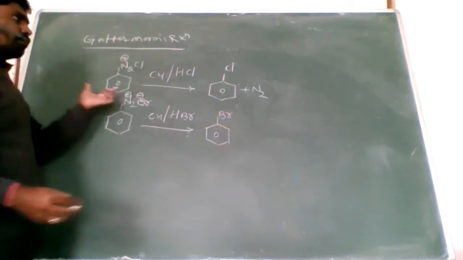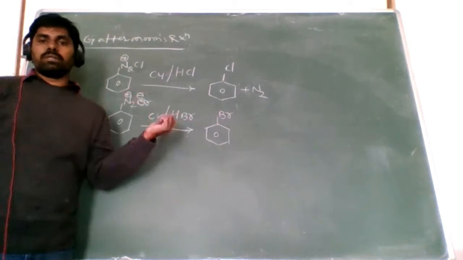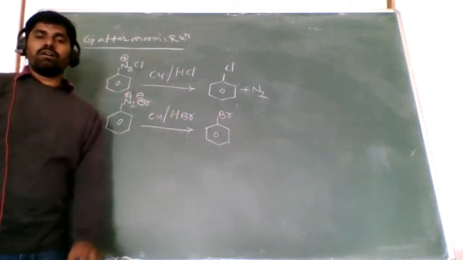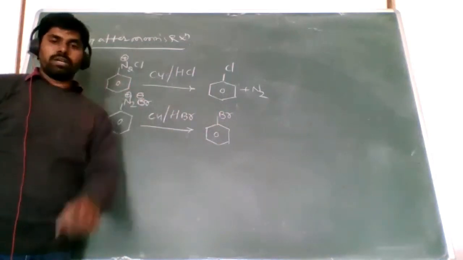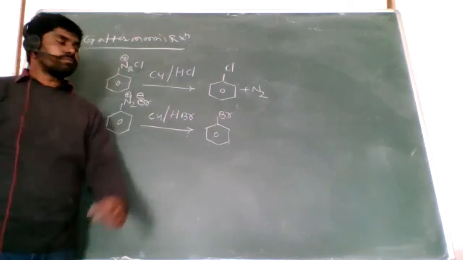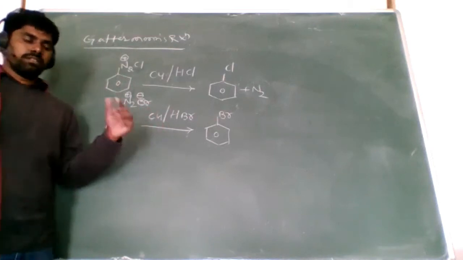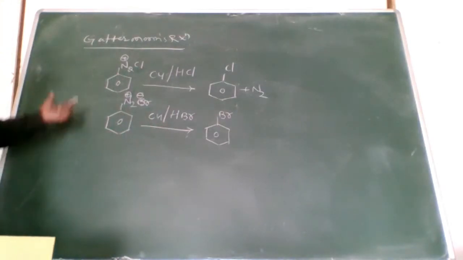So this is the Gattermann reaction. Gattermann reaction means the diazonium salts, in the presence of copper powder, react with the corresponding halo acid to form the corresponding haloarenes. Okay, written? Right.